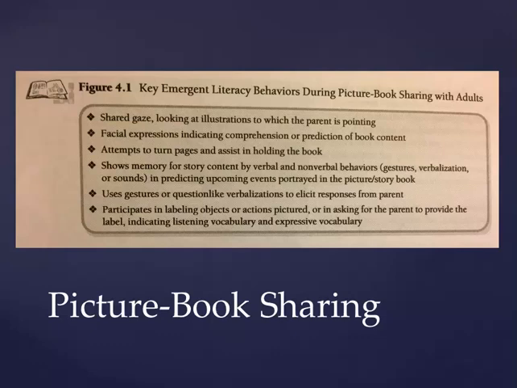They can attempt to turn the pages on their own or assist in holding the book while they're interacting with the book. They show that they remember, and sometimes they've memorized stories, the content of a story, and they can anticipate and predict what's coming next because they know this story.